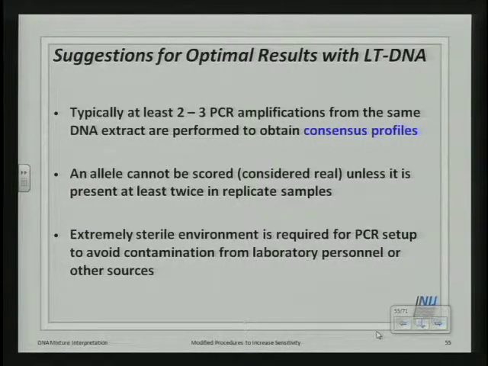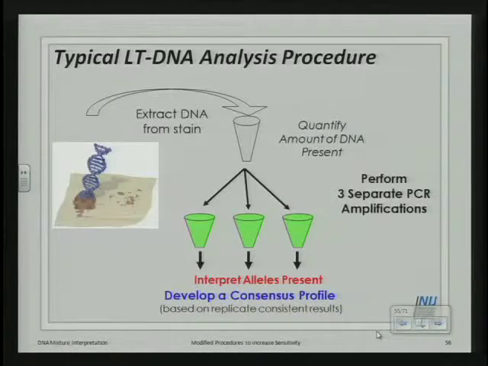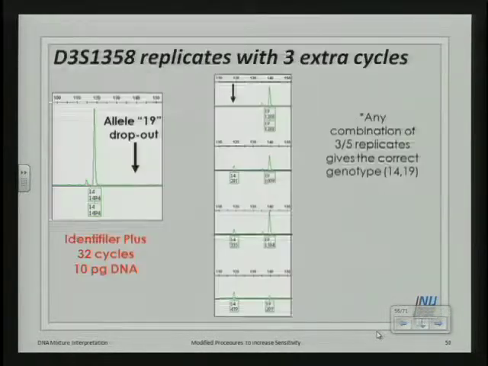I mean, you're almost using mitochondrial DNA techniques because of the potential for contamination. So your laboratory has to be set up in such a way that you could process this type of evidence. So you take the extract, you would split the extract into 3 separate PCR reactions, you develop a profile, and then you come up with a consensus.